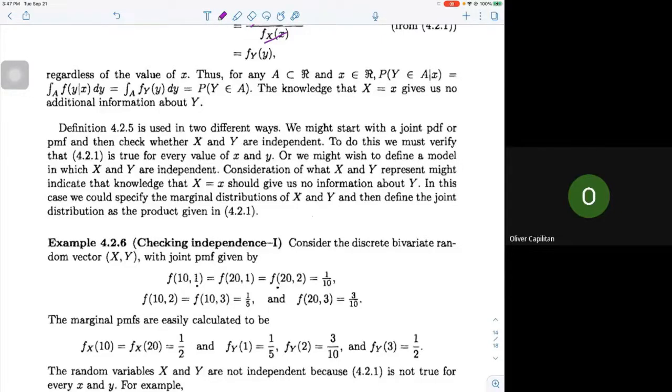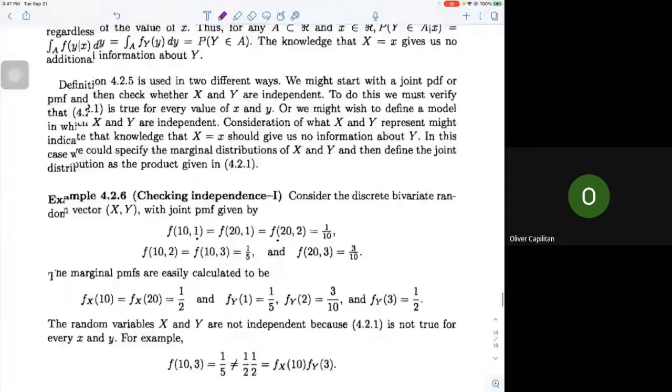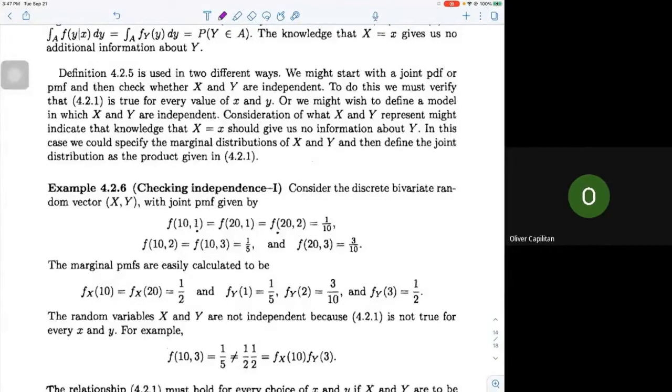And then another use of that definition, say if we're going to define a model in which x and y are independent, then consideration of what x and y represent might indicate that the knowledge of x should give us no information about y. So in this case, we should specify the marginal distributions of x and y and then define the joint distribution as the product given in 4.2.1. So let's have an example.